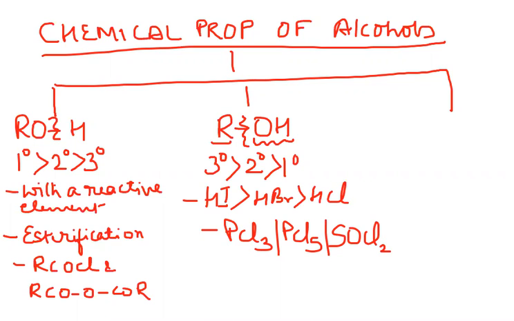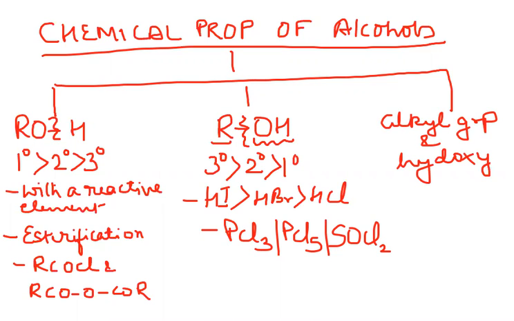The third that we have to study here is where both the alkyl group and the hydroxy group are involved. Under this, you have to study oxidation, reduction, and dehydration.